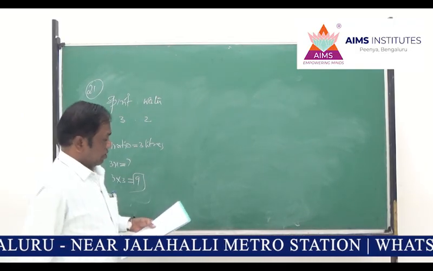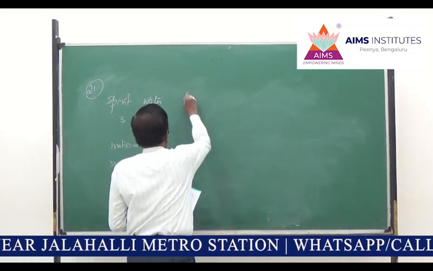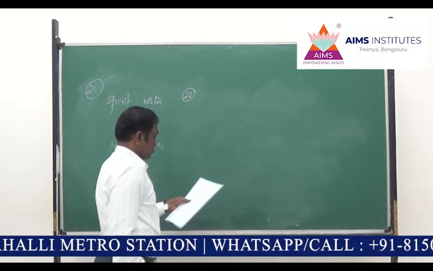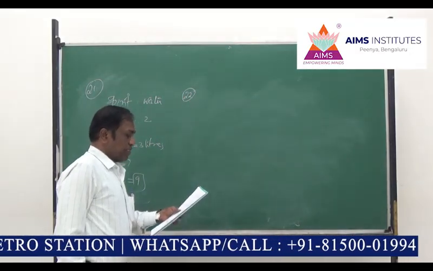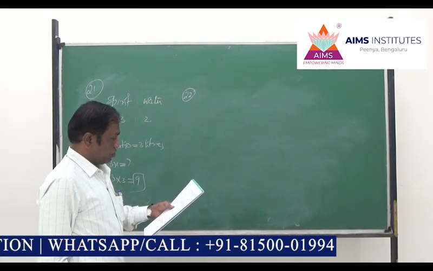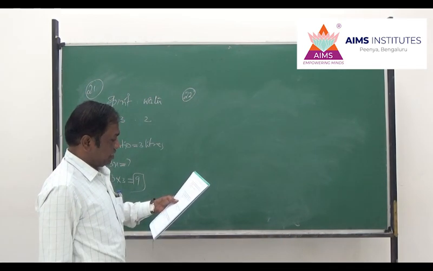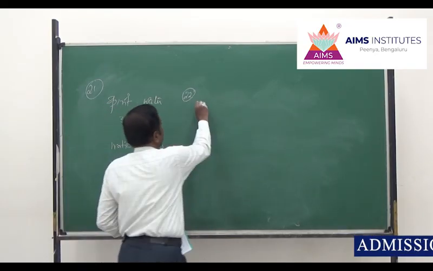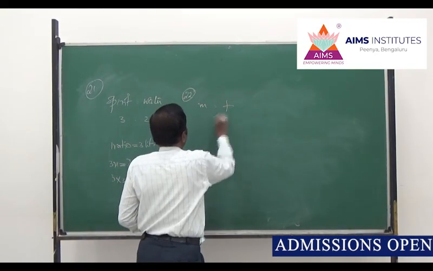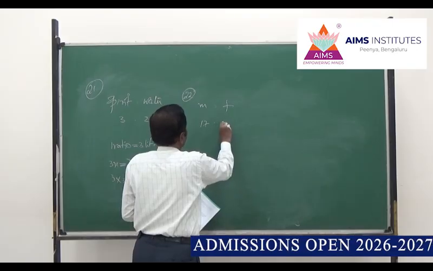Now, question number 22. The ratio between male population and female population of a village is 17 is to 13.